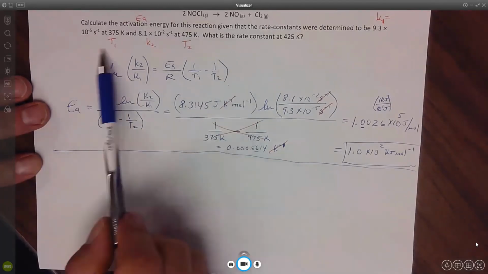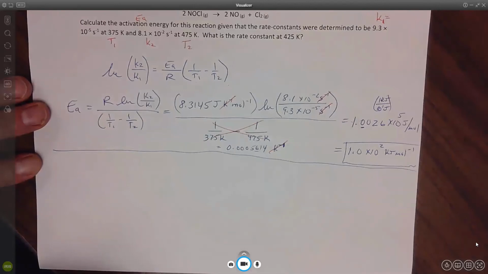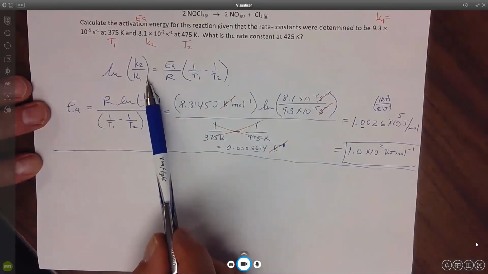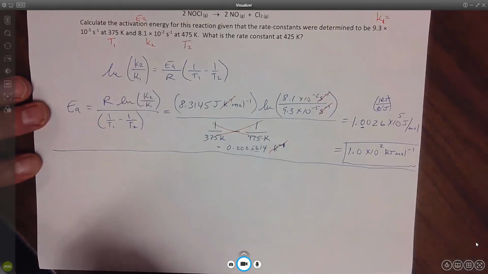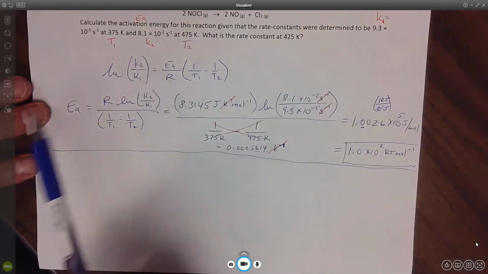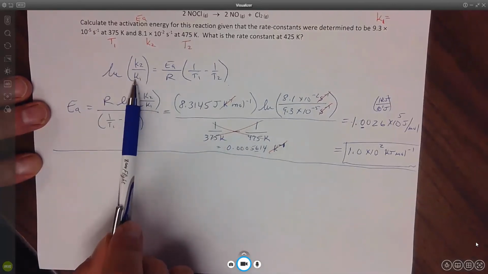So in this equation, which K do you think is easier to solve for mathematically? K1 or K2? K2 is going to be easier to solve for, because I'm going to get rid of this, and then multiply this to this side.